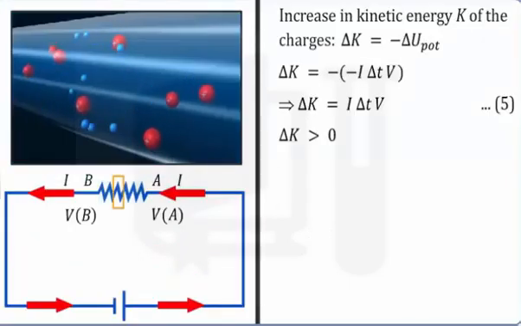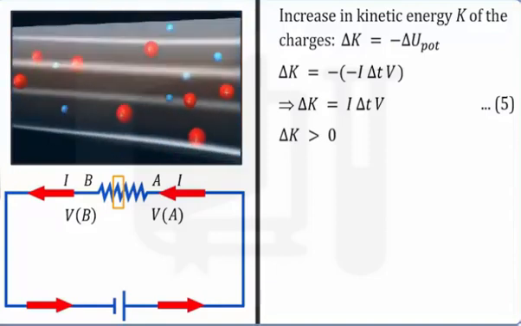If the charges move freely through the conductor, their kinetic energy should increase, and they should move with greater velocity. But we know that on an average, these charge carriers do not move with acceleration, but with a steady drift velocity. This is because the free electrons collide with the ions while in transit. Due to these collisions, the kinetic energy gained by the charges is transferred to the heavy ions.